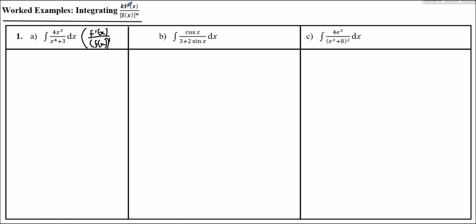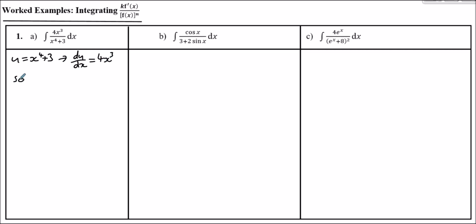And k in our case is 1, because 4x cubed is the exact derivative of x to the power 4 plus 3. So that's why it works. So let's use our u as f of x, which is x to the power 4 plus 3. So set u, like so. We then take du by dx. So differentiating with respect to x will give 4x cubed.